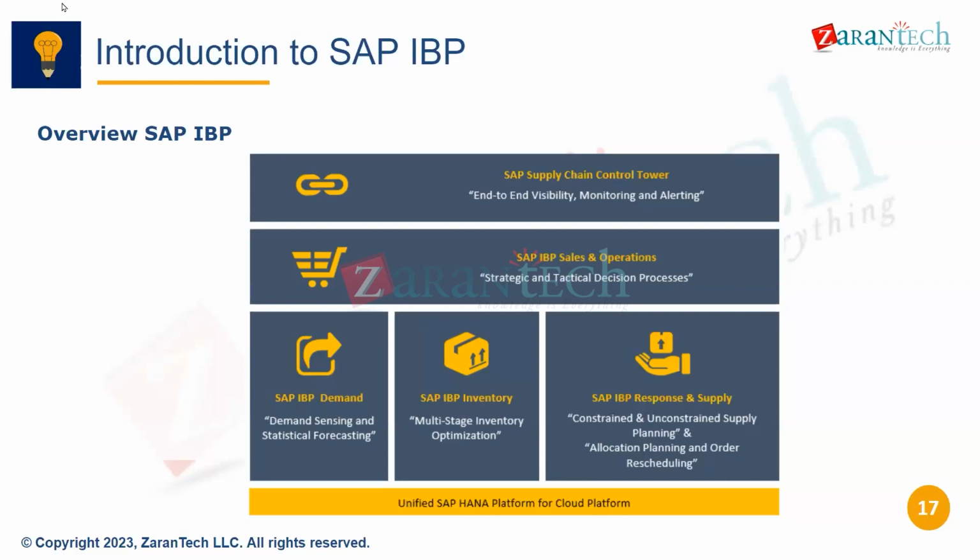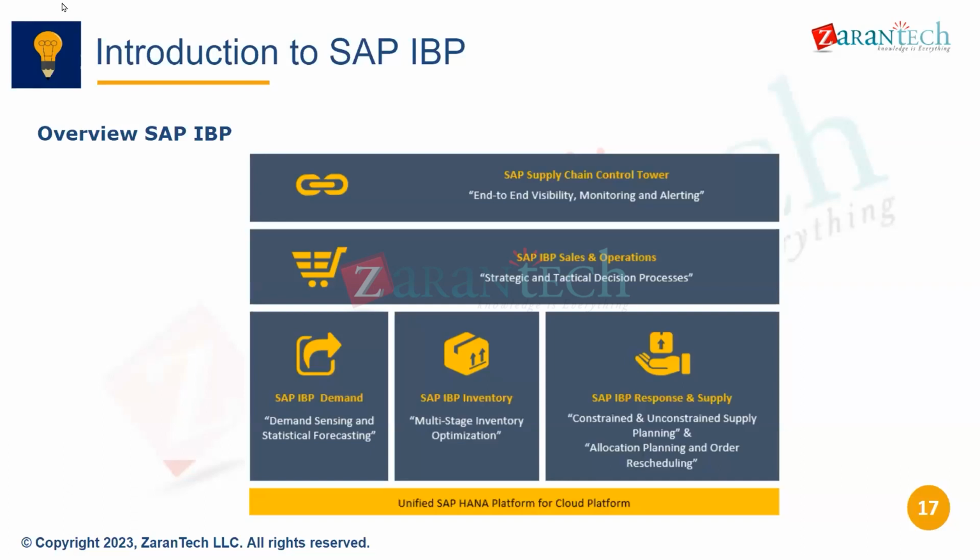When we talk about demand planning, it's not only the demand planner who works on this process, but also supply planning, manufacturing, marketing, sales, and finance. These are the team members who are actively involved in the demand planning process, and they are also involved in supply planning, and so on. So in short, the SAP IBP system is an integrated planning system. It integrates the processes as well as people.